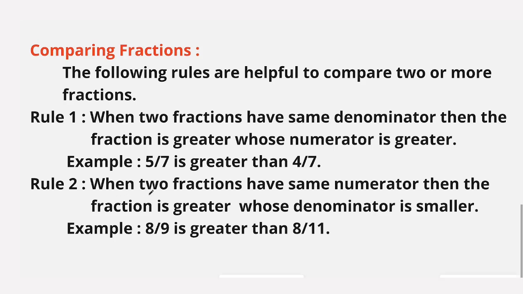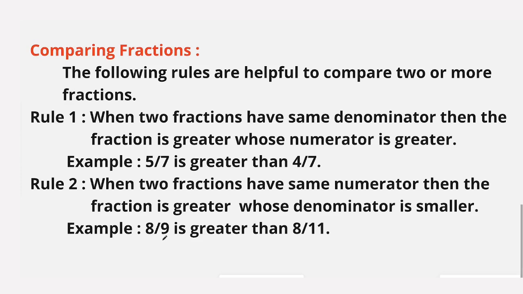Rule 2. When two fractions have the same numerator, then the fraction is greater whose denominator is smaller. The example is 8 upon 9 is greater than 8 upon 11. Here the numerator is the same. Both have the same numerator, which is 8. In 8 upon 9 and 8 upon 11, the numerator is 8, which is the same.